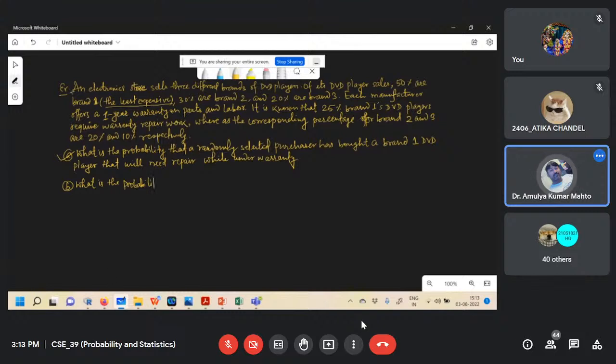What is the probability that a randomly selected purchaser has a DVD player that will need repair while under warranty?